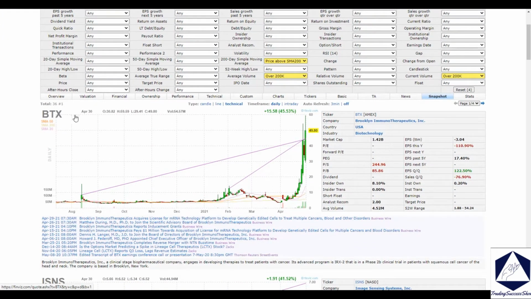On this trade, BTX was actually pushing higher and higher. I saw the stock breaking out of that $14-15 level, and I was able to trade just a little piece of BTX.